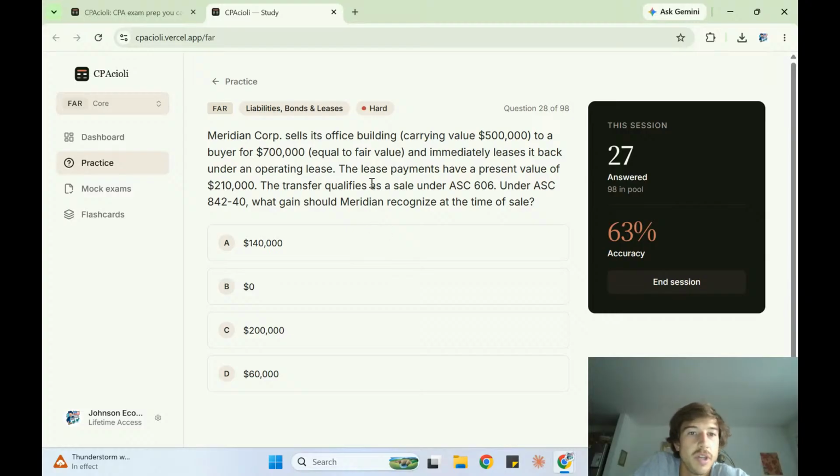Okay, hard one. Marine Corp sells its office building to a buyer for $700,000. Immediately leases it back under an operating lease. The lease payments have a present value of $210,000.